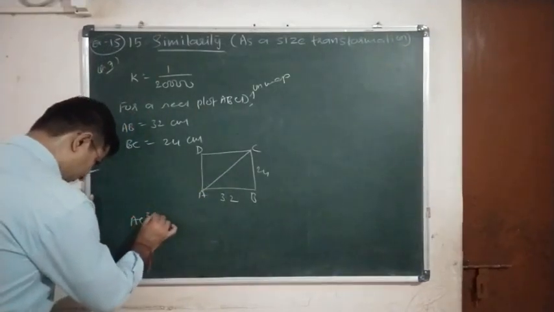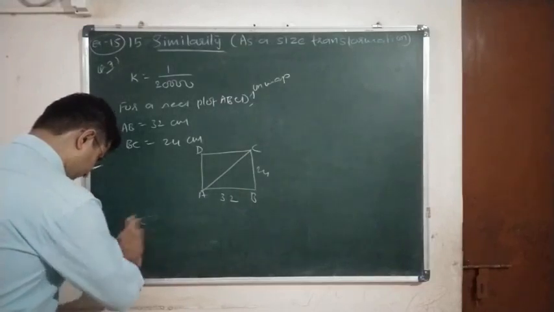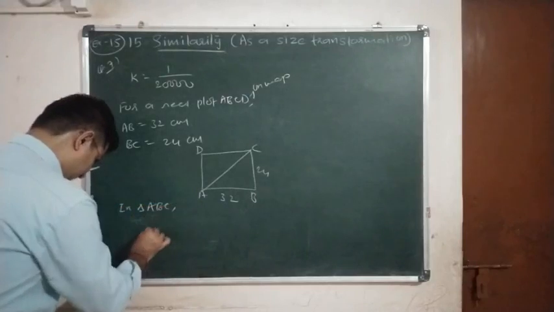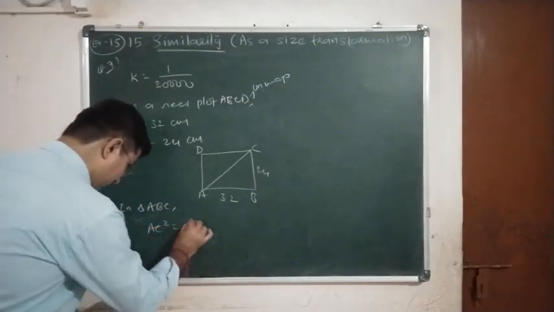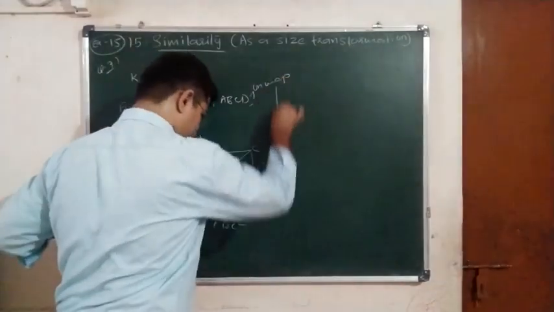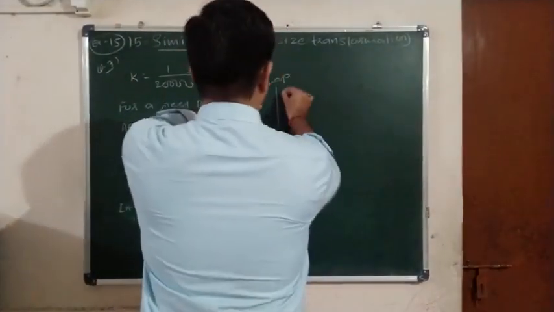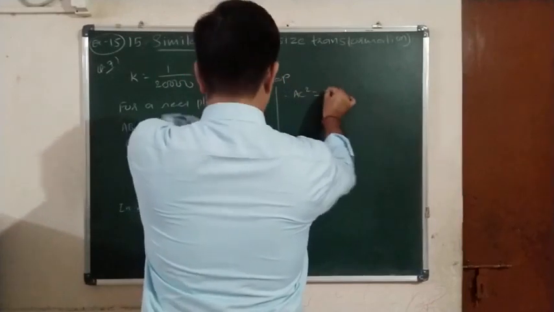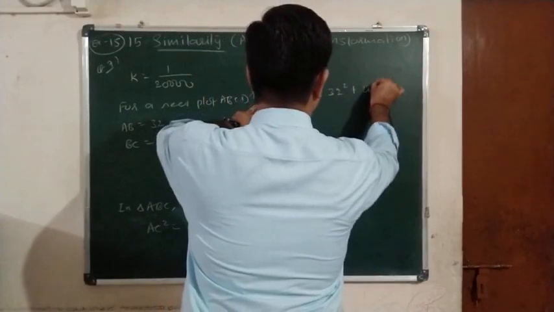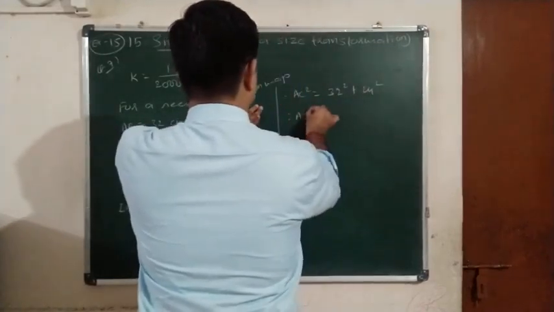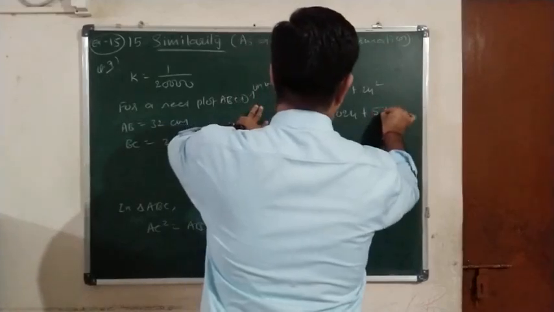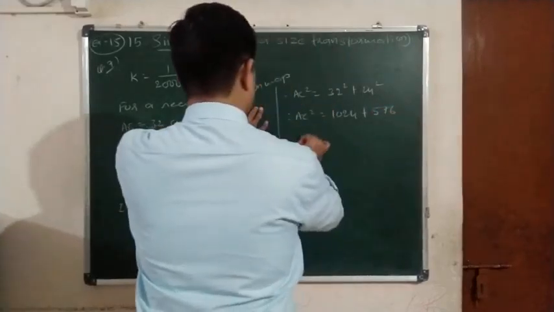So AC square is equal to, in triangle ABC, AC square equals AB square plus BC square. We will use here Pythagoras theorem. Therefore AC square is equal to 32 square plus 24 square, 1024 plus 576.